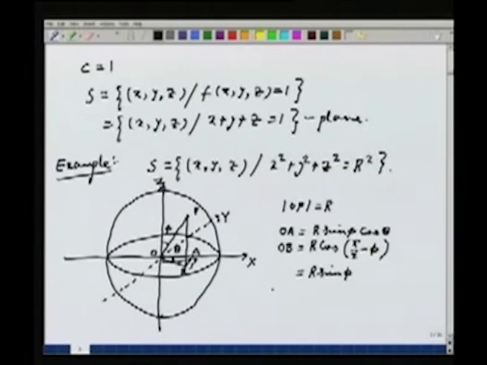So AB, that is nothing but OB sin theta. But I know what is OB. OB is r sin phi. So AB is r sin phi sin theta.